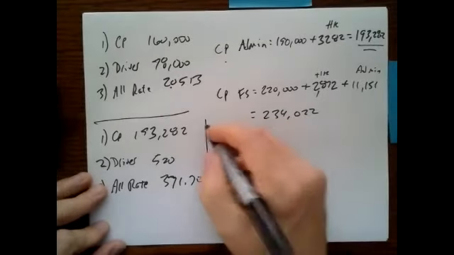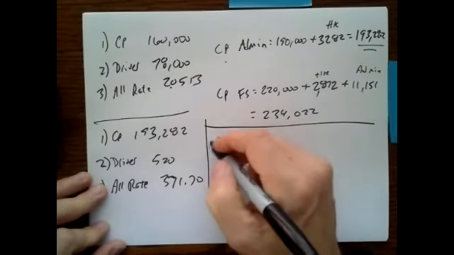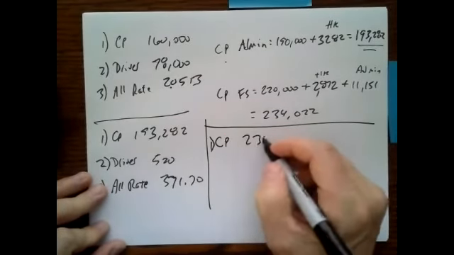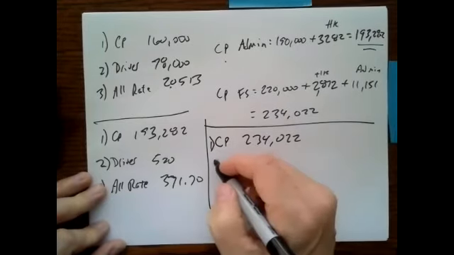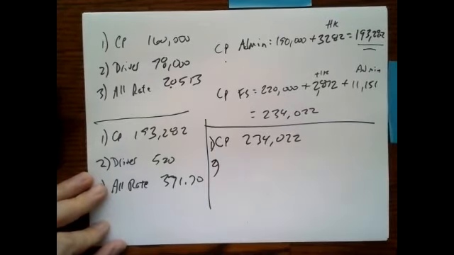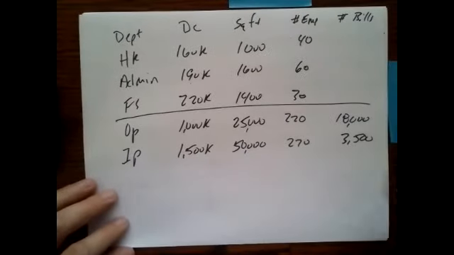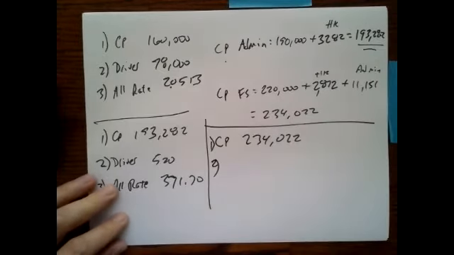Okay, so now the cost pool for financial services is 234,022. The driver for financial services is number of bills. And remember, we're allocating across the whole organization, so we're getting the allocation rate for the whole organization first. So we need the number of bills for both profit centers. So 18,000 plus 3,500, that's 21,500.